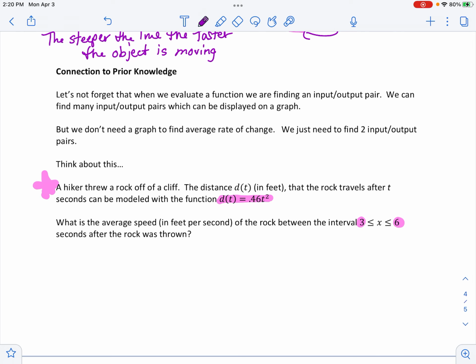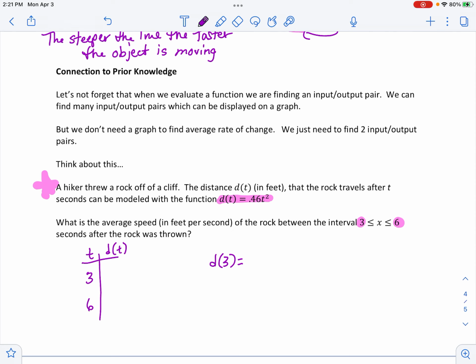Well, we need an xy pair for both x equals 3 and x equals 6. So we are going to make a little table, and put the time and the distance, or d of t, in our table. The time is 3 and the time is 6. We need to evaluate this function when t is equal to 3 and t is equal to 6.